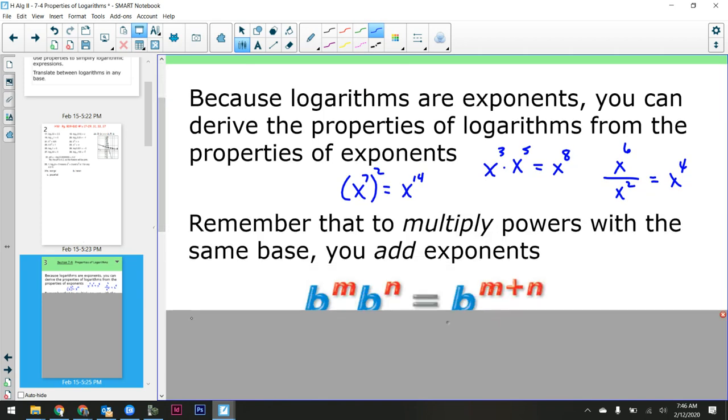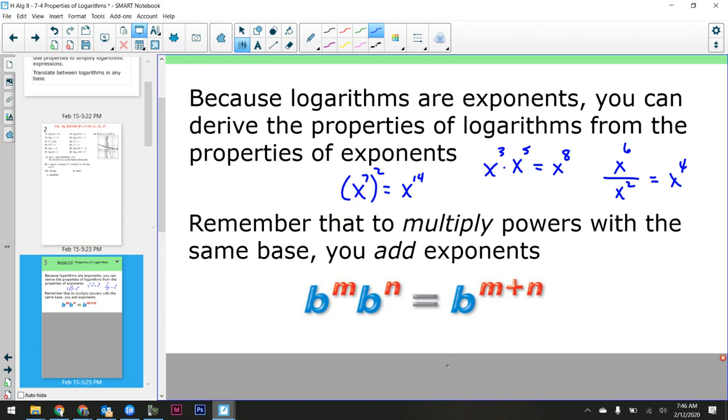Okay. Remember that to multiply with like bases, I add exponents, right? To multiply with like bases, I would add exponents. You know this already. You learned this probably like in 8th grade, 7th grade maybe, I don't know. To take multiplication with like bases, you add exponents.